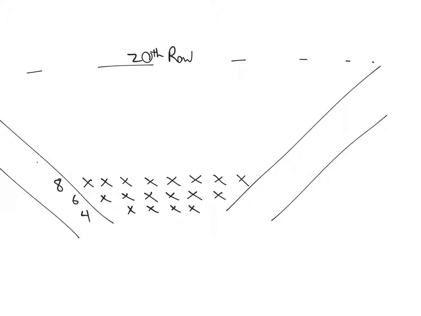Alright, so our formula here: a sub n would equal a sub 1 plus the common difference times n minus 1. So let's identify some of these variables. What does a sub 1 equal in this case? 4. Yeah, 4.